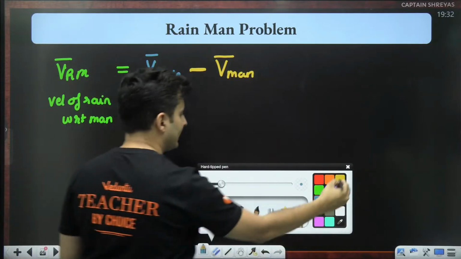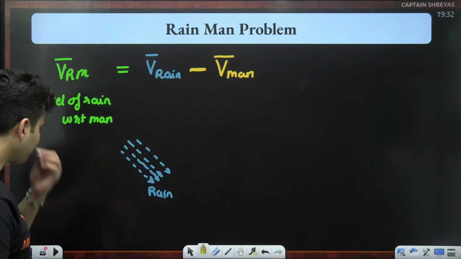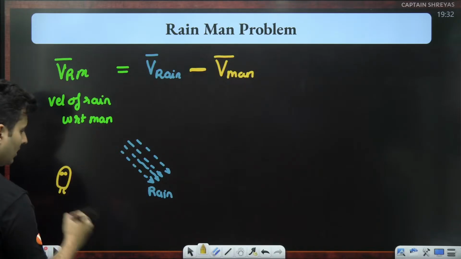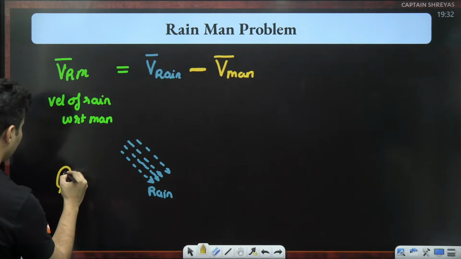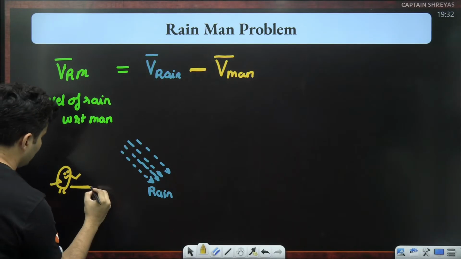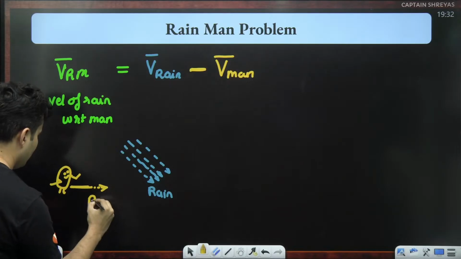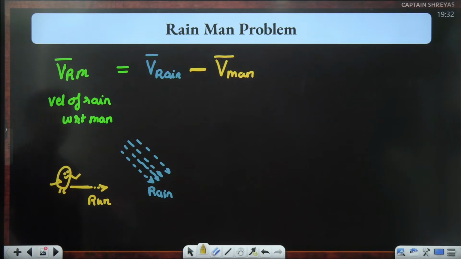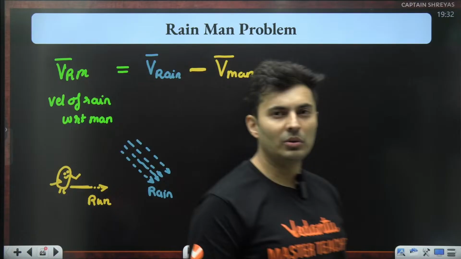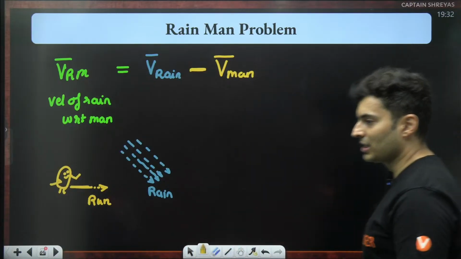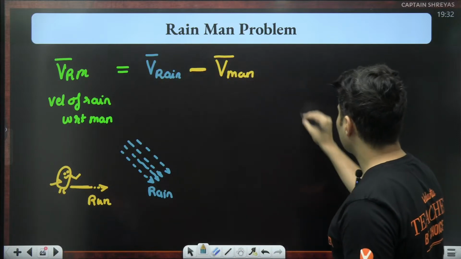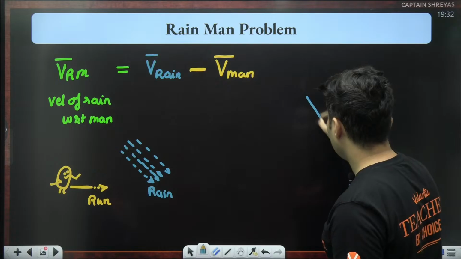Okay, and let's say our person has to catch a bus, so he is going to run like this. How will he hold the stick of the umbrella? For that, use this equation. Velocity of the rain is in this direction.